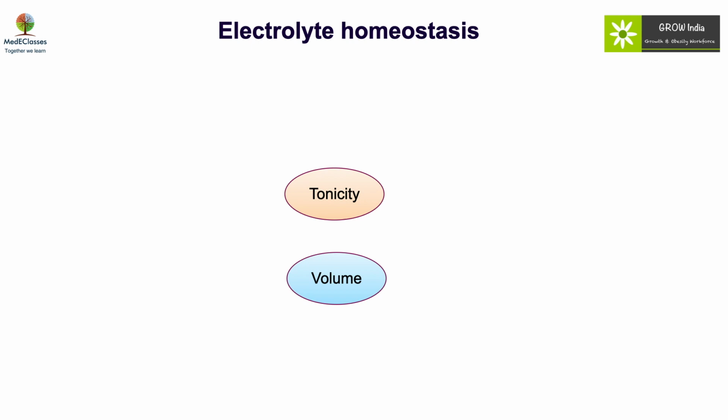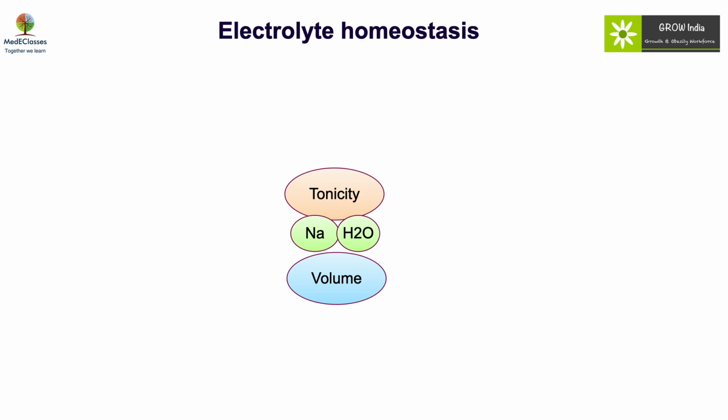So the osmolality in the body depends upon 2 things, tonicity and volume, which is regulated via the sodium level and the water level. So abnormalities in either sodium or water will be associated with abnormalities in the overall levels of the sodium. What is important to understand is that the primary abnormality in sodium disorders, be it hyponatremia or hypernatremia, is actually free water and not sodium.